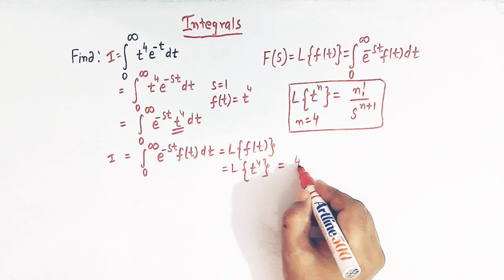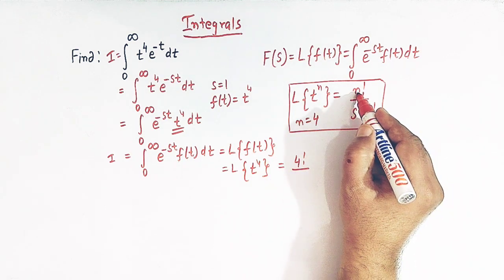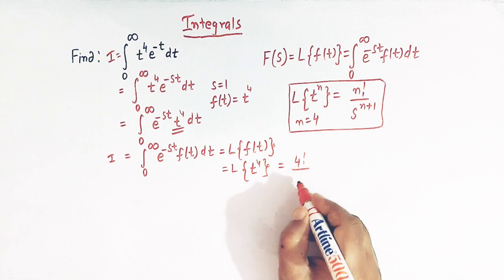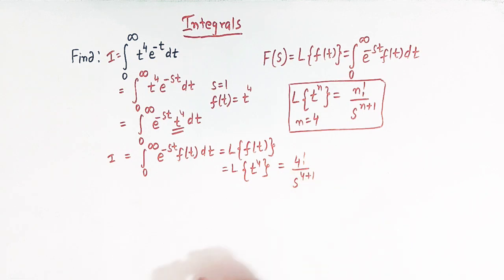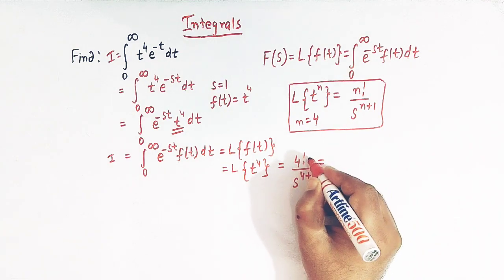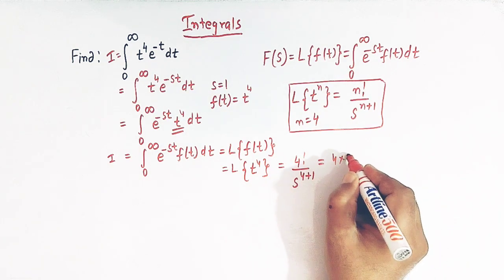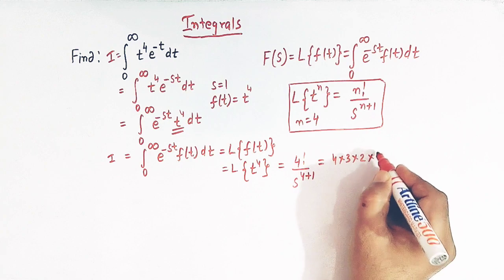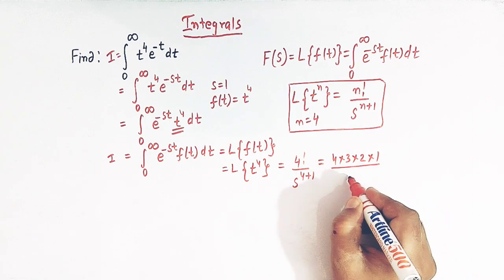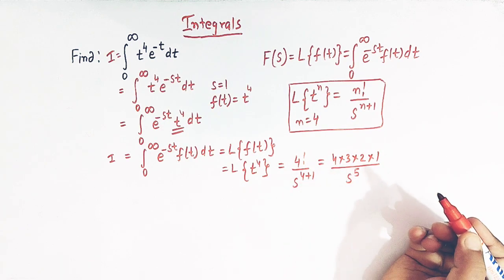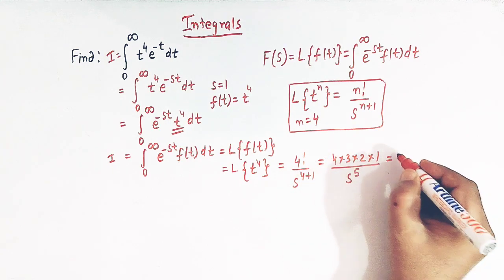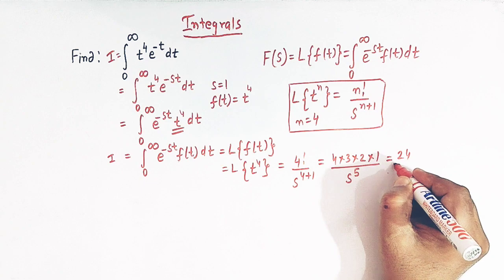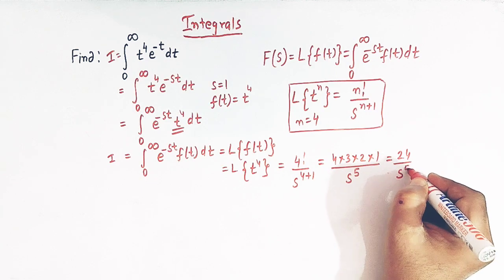So we have 4 factorial divided by s raised to 4 plus 1. 4 factorial is 4 times 3 times 2 times 1, and here we have s raised to 5. 4 threes are 12, 12 twos are 24, so we get 24 divided by s raised to 5.